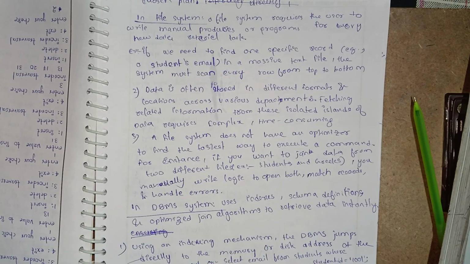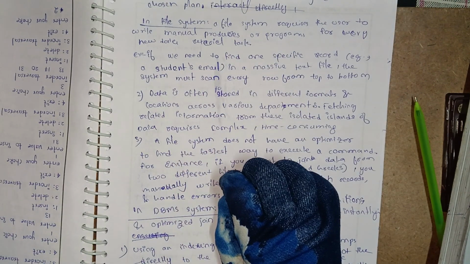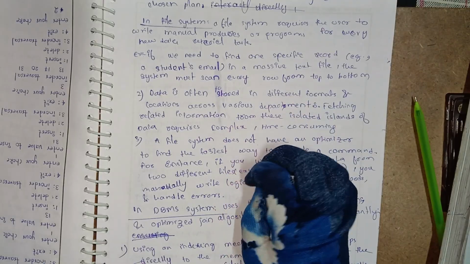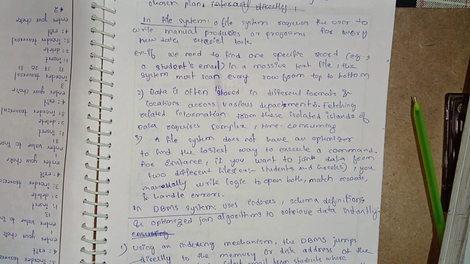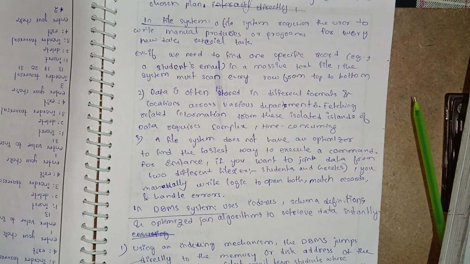So what is query processing in the file system, and why is it not efficient in the file system? We will see through these examples. And in the DBMS also we can understand how the query processing is efficient and what the examples of it are.